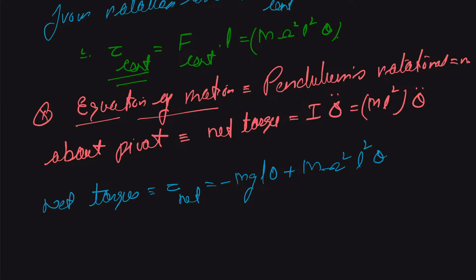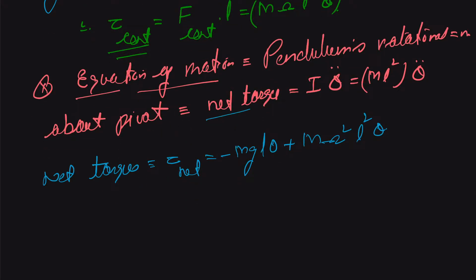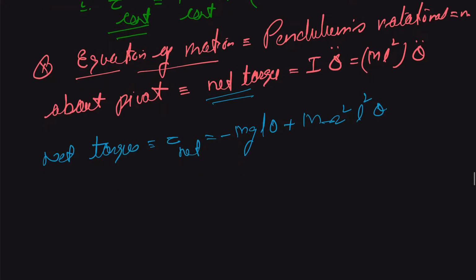This is our net torque, and we can substitute it in this equation. So we get mL square theta double derivative is equal to minus mgL theta plus m omega square L square times theta.